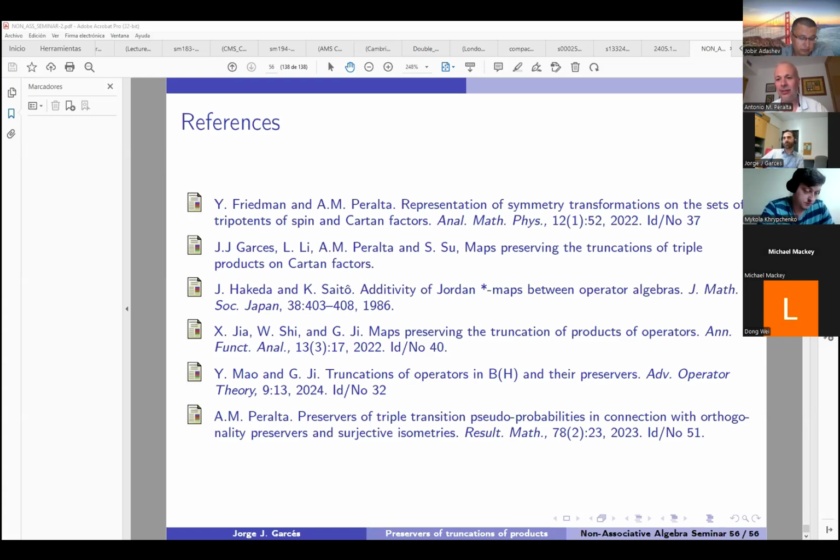So we expect that some new applications of these results could throw new light on the mathematical models in quantum physics.